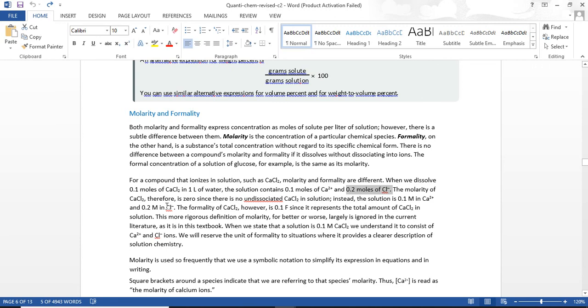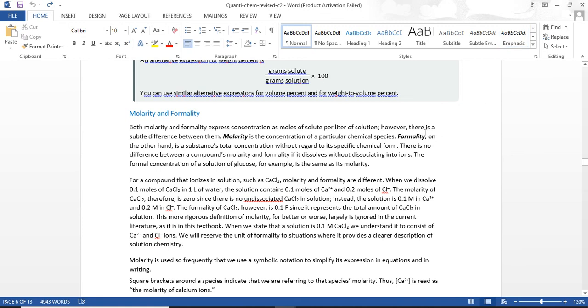So you can see the difference: one is in moles and this is in molarity, with a capital M. The formality of CaCl2, however, is 0.1 F since it represents the total concentration of CaCl2 in a solution. This is a more rigorous definition than molarity, for better or for worse, largely ignored in the current literature such as textbooks.